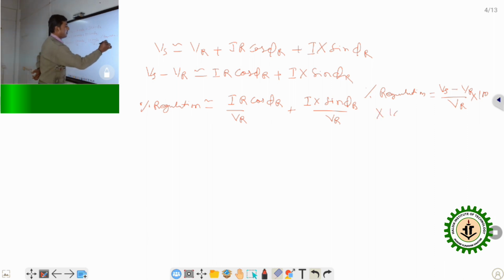Multiplied by 100. Here, the thing is that you get IR divided by VR, so this is called the resistive drop percentage.